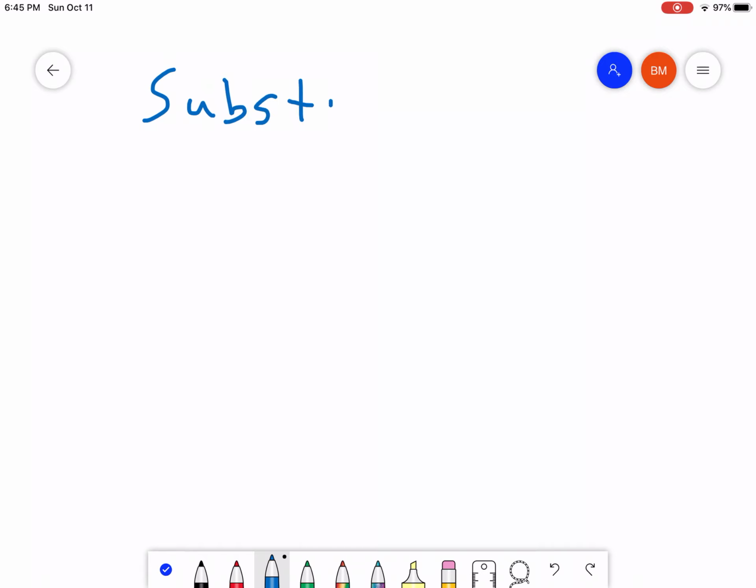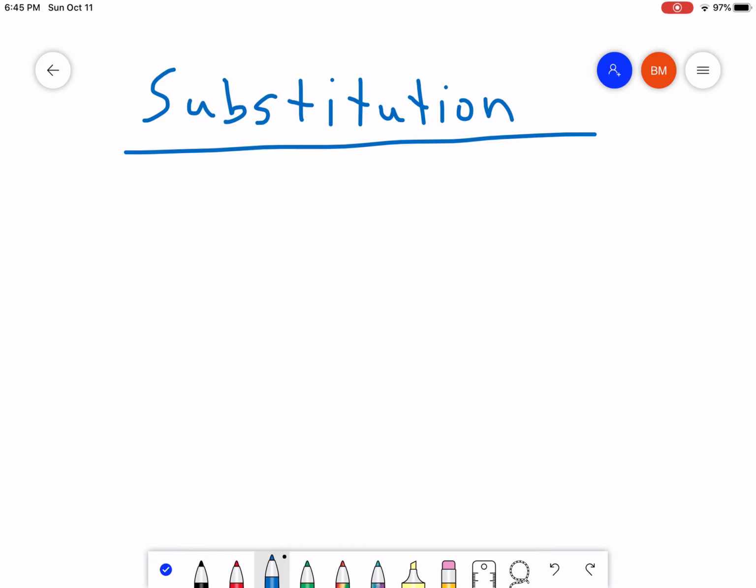First one is substitution. Well, what do you think when you hear the word substitution? You think that one thing replaces another. And that's exactly what happens here. So let's say we had this. I'll write this the Gen Chem way so you can see it a little bit more clearly.